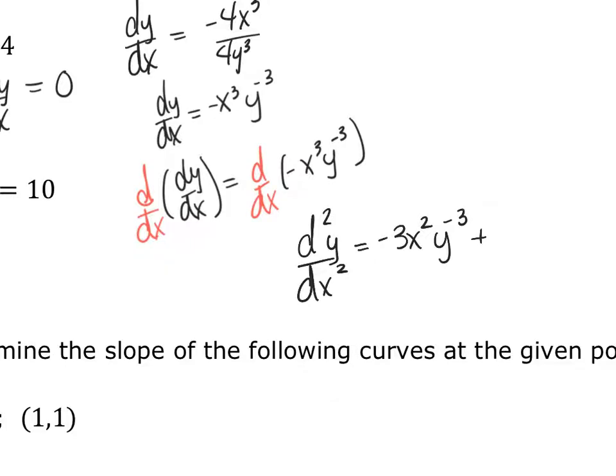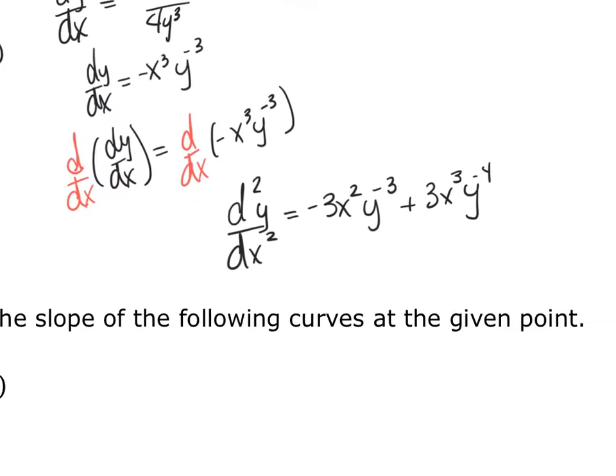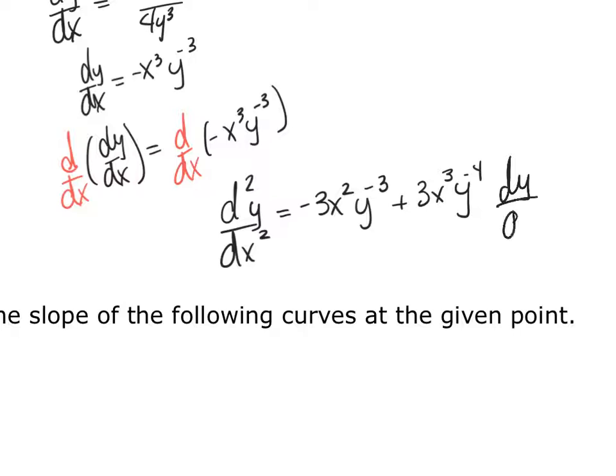Plus, now I'm going to do the derivative of y to the negative 3, and it'll be a plus because it'll be a negative 3 times a negative 1 out front, so it will be a plus. 3x cubed y to the negative 4 dy dx. How is that so far? And I'm not done. Is that cool? What is dy dx, however?